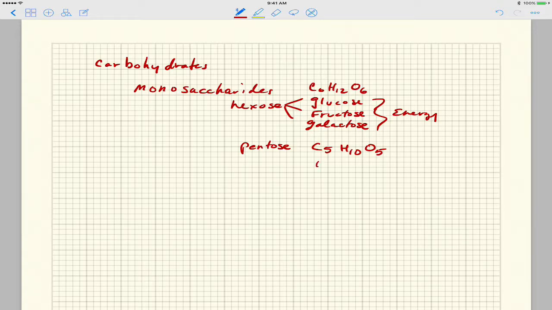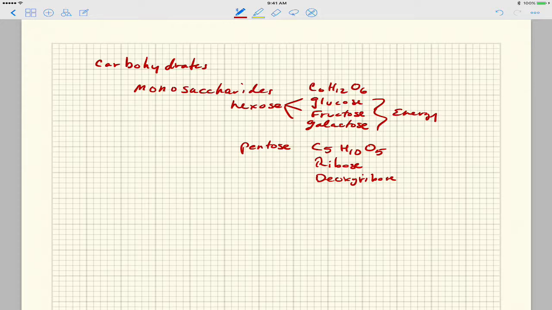And the 2 that are important are ribose and deoxyribose. You may have heard both of those. Deoxyribose is the D for DNA, and ribose is the R for RNA. So that's where those particular sugars come into play.